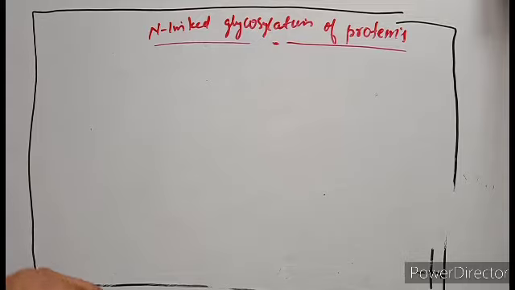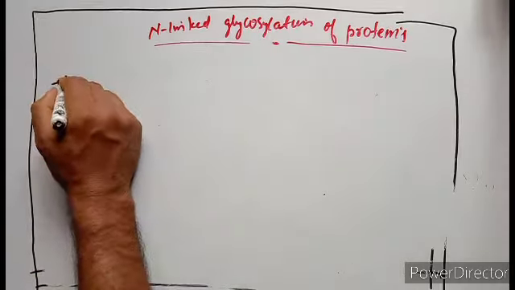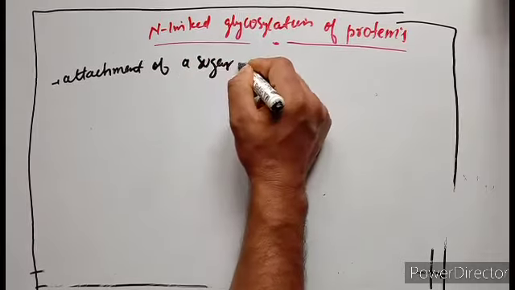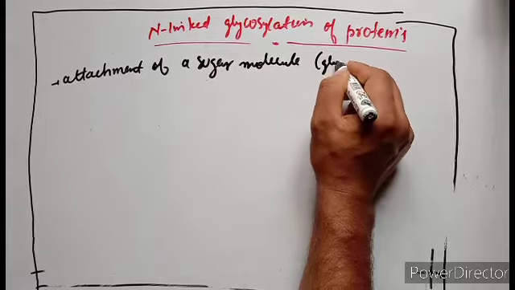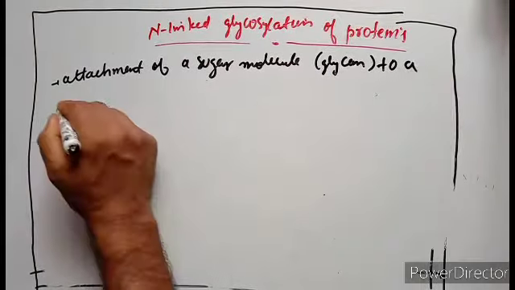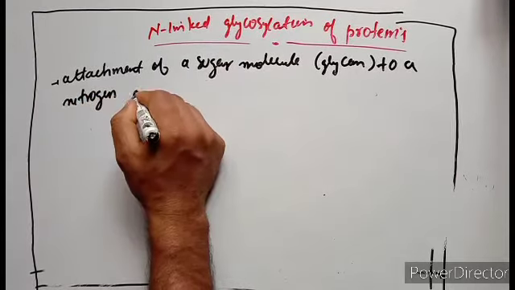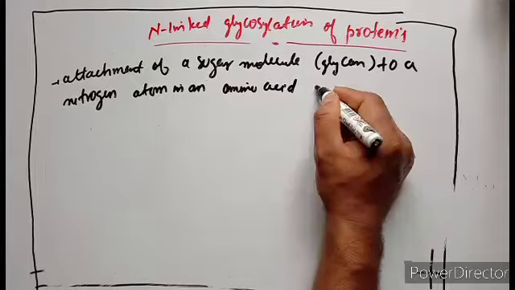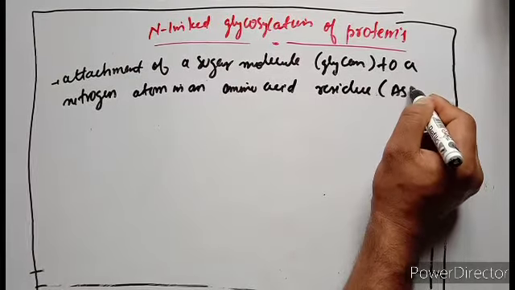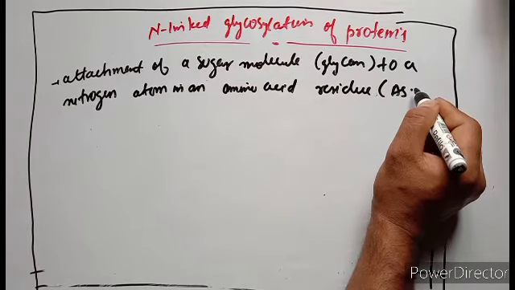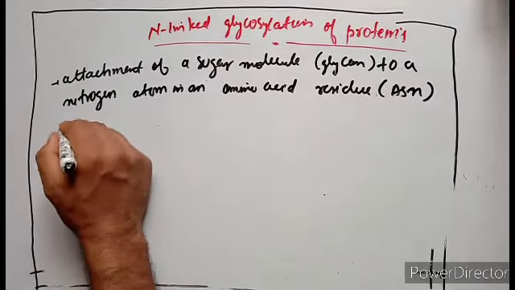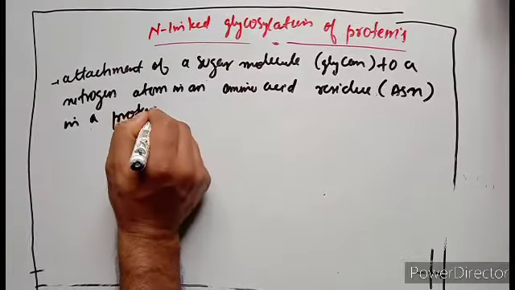Okay, so this N-linked glycosylation is the attachment of a sugar molecule, mainly glycan, to a nitrogen atom in an amino acid residue, mainly जो एस्पार्जिन है, ठीक है। तो वहाँ पे वो ऐड होता है किस पे, मेनली एस्पार्जिन रेजिड्यू से, उस पे residue in a protein.